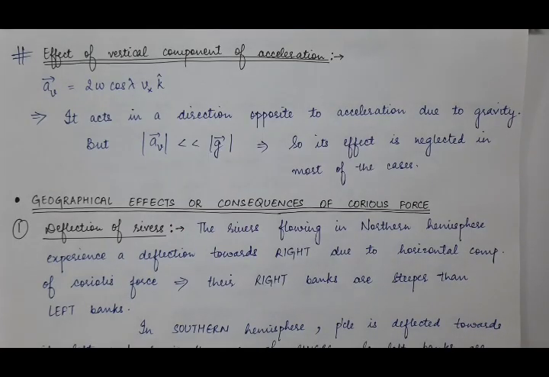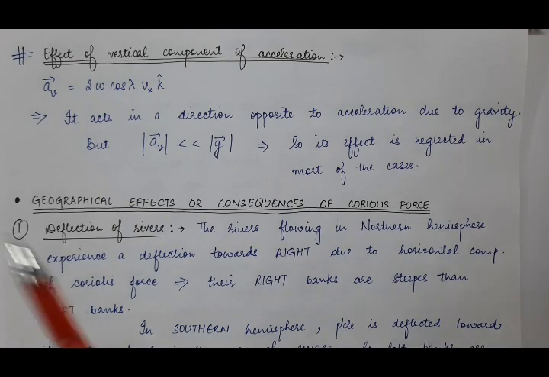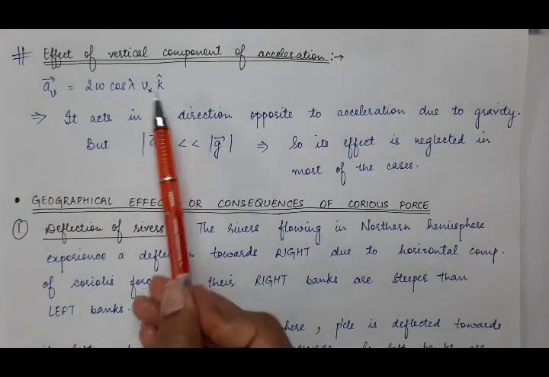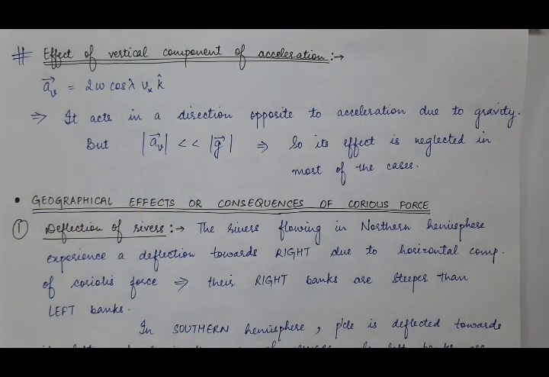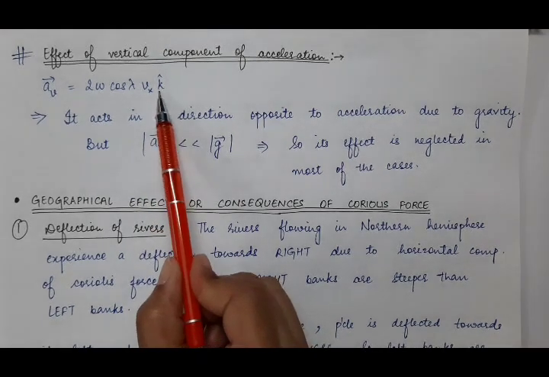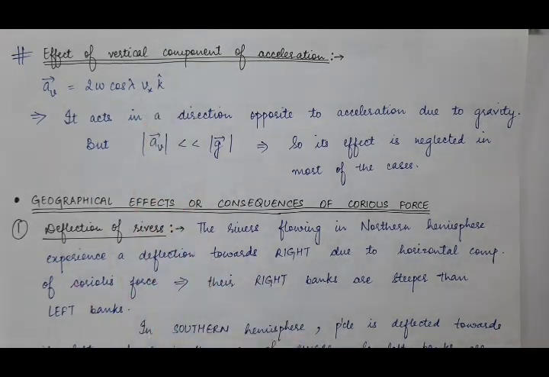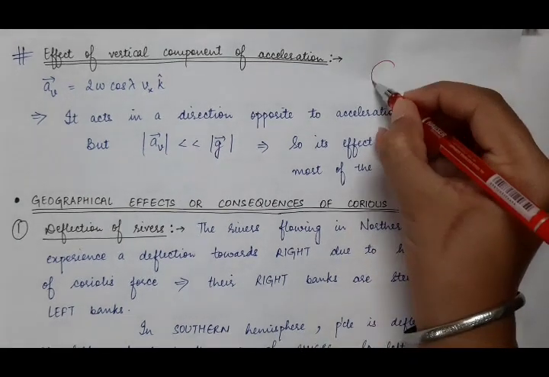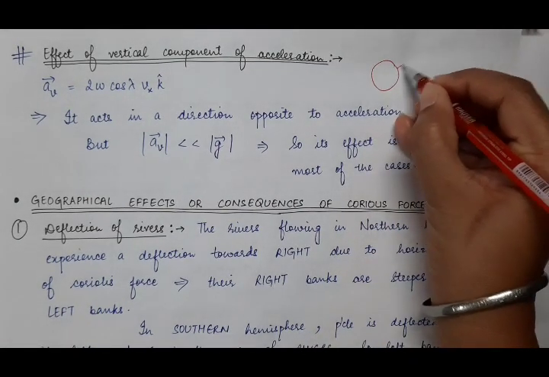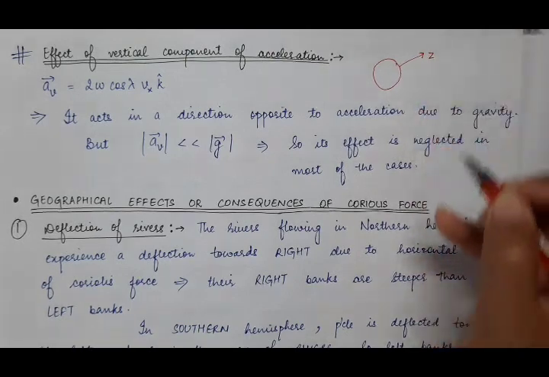Next is the effect of the vertical component of acceleration. We have derived this expression for the vertical component of acceleration, and as you can see, it acts in the direction of the positive z-axis. And what is the direction in which the acceleration due to gravity acts? If this is the earth, we had taken this axis as the z-axis.